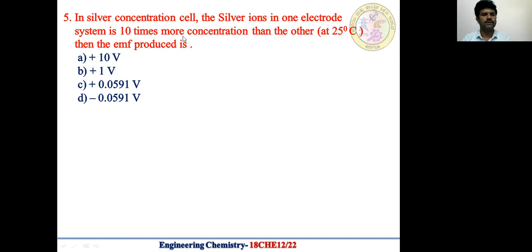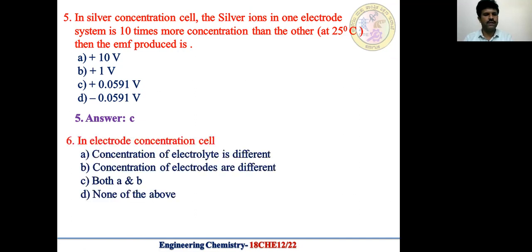Because C2 is 10 and C1 is 1, the ratio becomes 10, and log 10 is 1. Hence, if we substitute the values in the EMF of the concentration cell, you will obtain plus 0.0591 volt. Hence, the right answer is option C.